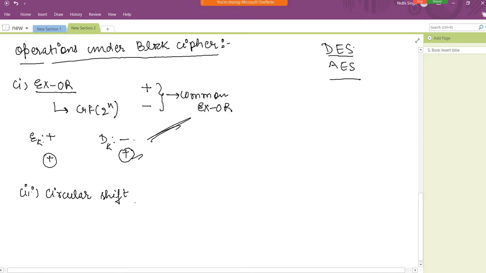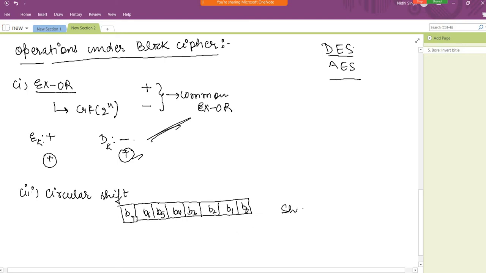When several bits are combined, then we can say it is a block. Means a block is made up of multiple bits. So I am assuming that my block is made up of 8 bits, means it is a byte type. So B0, B1, B2, B3, B4, B5, B6 and the last one is B7, because I am starting the indexing from 0.